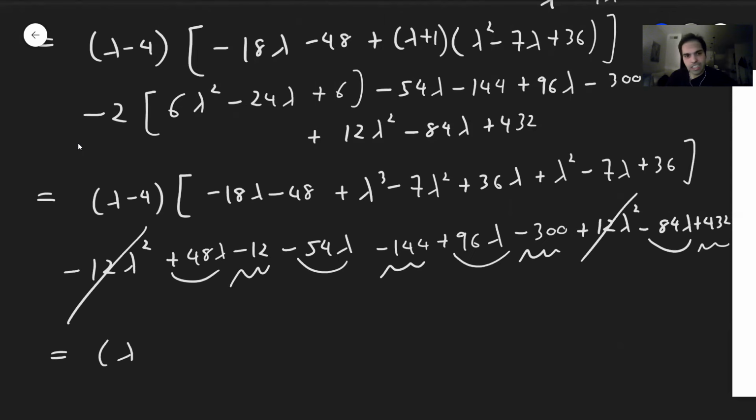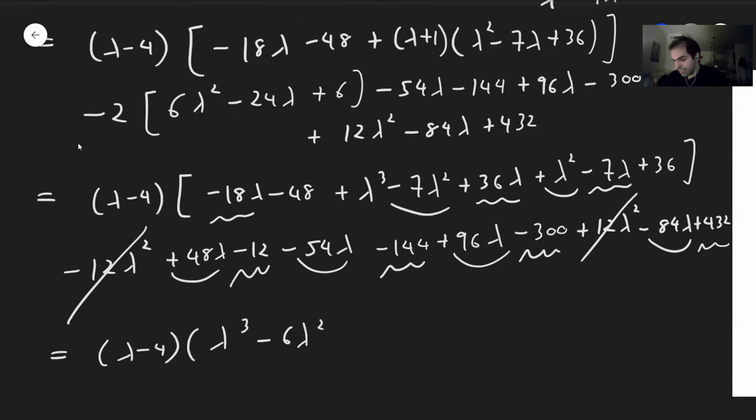So what we get in the end is lambda minus 4 times, so again, we have this lonely lambda cubed, and putting this thing together, minus lambda squared plus lambda squared, we get minus 6 lambda squared, and then minus 18 lambda minus 7 lambda plus 36 lambda.